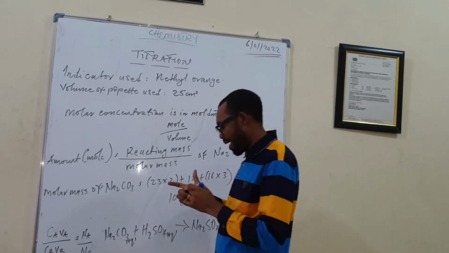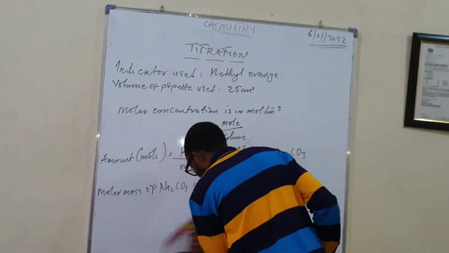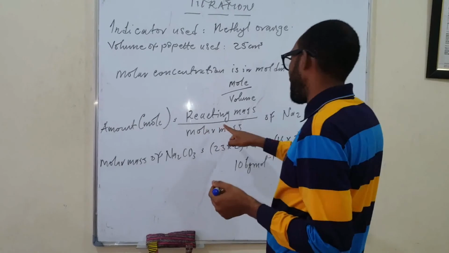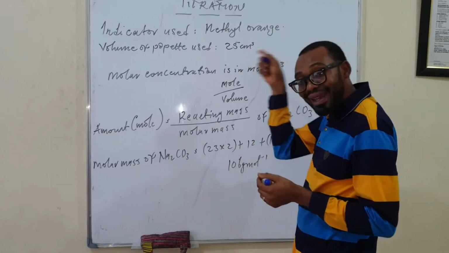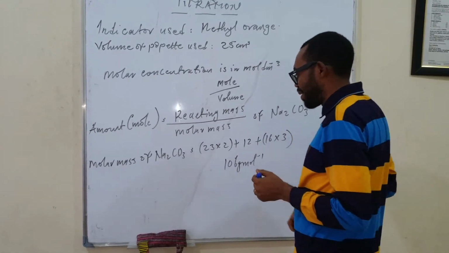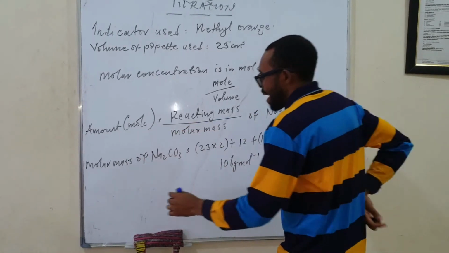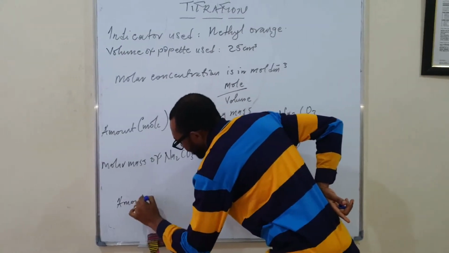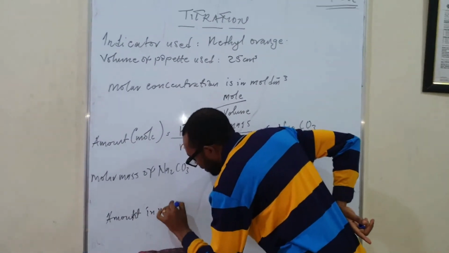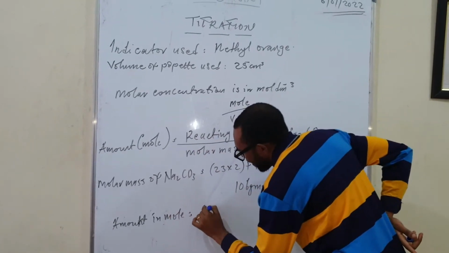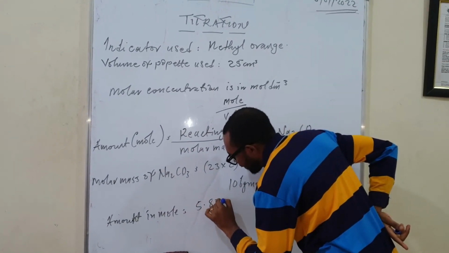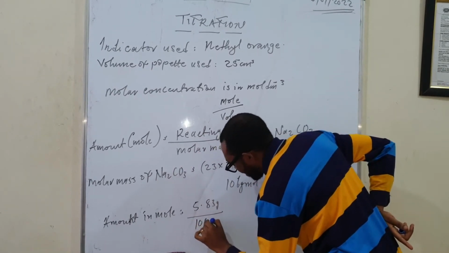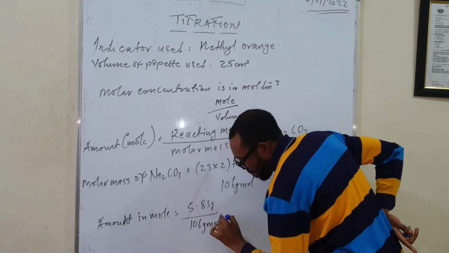Then we can now move ahead to calculating. We have the reacting mass already stated in the question, which is 5.83 grams. So if we are going to apply this, the amount in mole will now be 5.83 grams over the molar mass, which is 106 grams per mole.